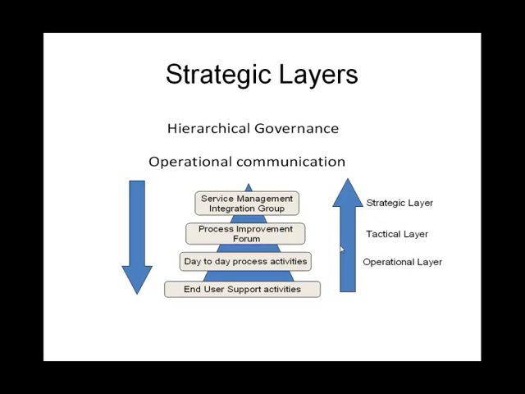The strategic top layer could include governance legislation, for example, that's coming to the ICT board or the IT board. And they themselves will feed that down to the technical design authorities, PMO, the project management office, for the development of particular projects. And of course you'll have your process improvement forum.